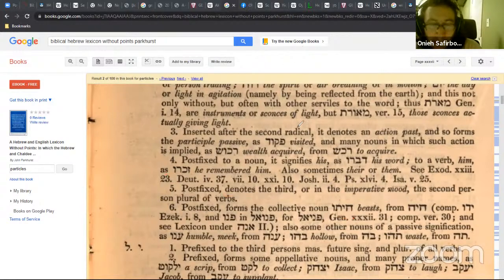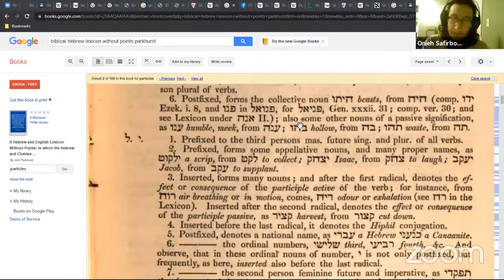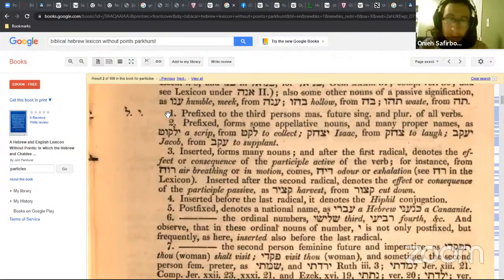And then we've got yod. It is added to signify imperfect singular and plural of all verbs.